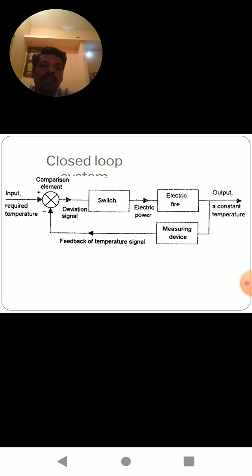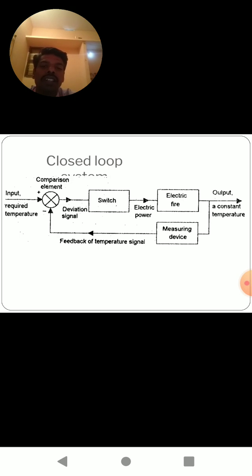According to that, the output will be provided. Here the input requires the preset values, which are already set. According to that, whatever level of output we expect from this unit will be measured from the output unit. What kind of output is produced by the electric fire will be measured by the measuring devices.